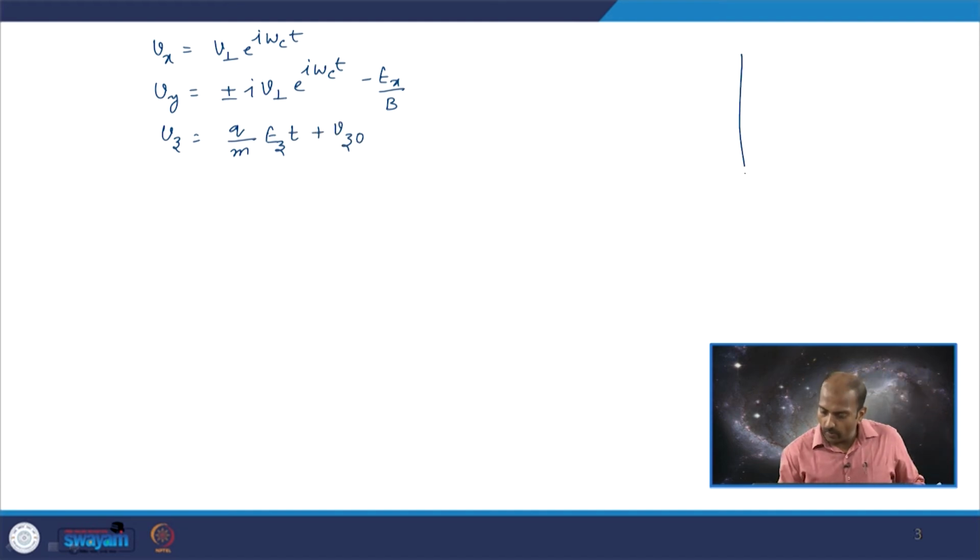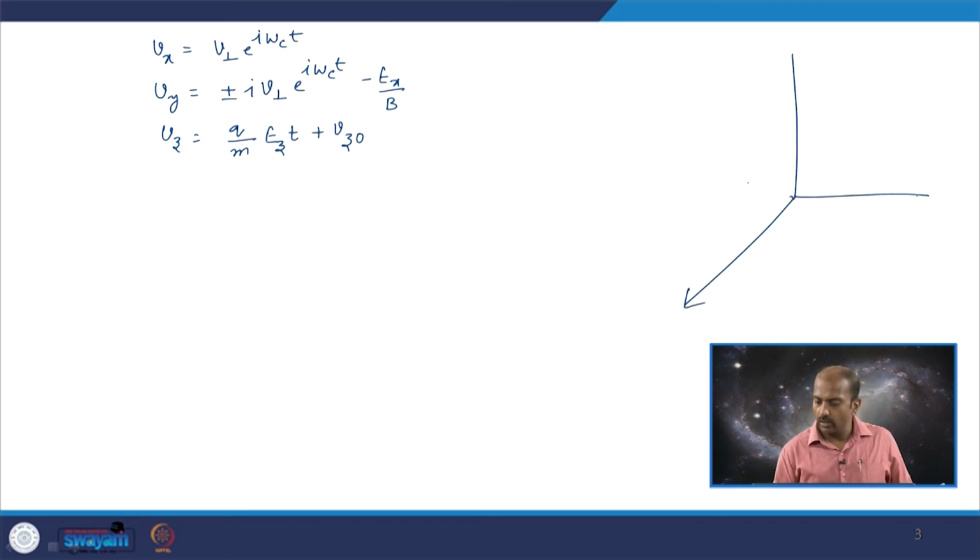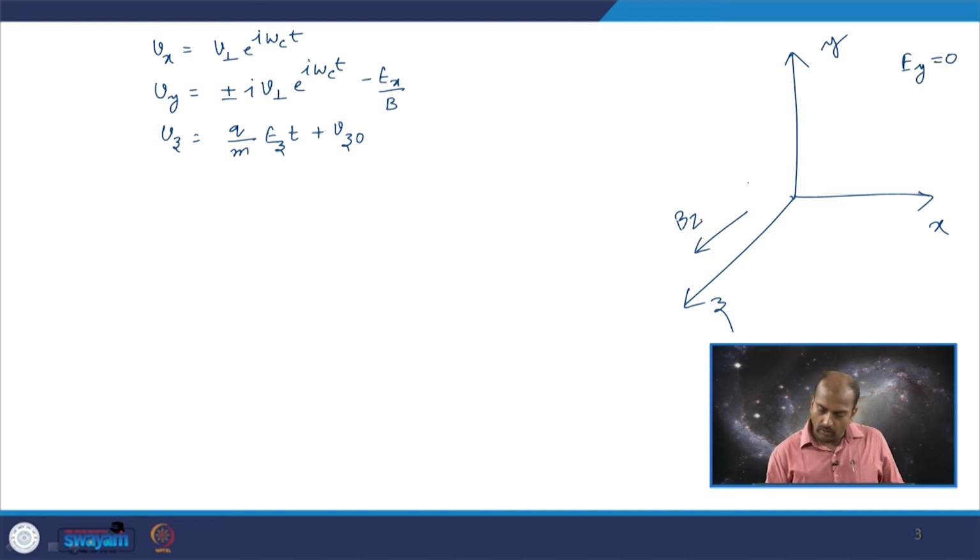Now, what are we trying to achieve here? We are trying to understand how the particle moves when it has both electric and magnetic fields. This is the field alignment that we have taken: this is the x axis, this is the y axis and this is the z axis. E along the y axis is 0, the magnetic field is along the z axis, and the electric field is in the xz plane.